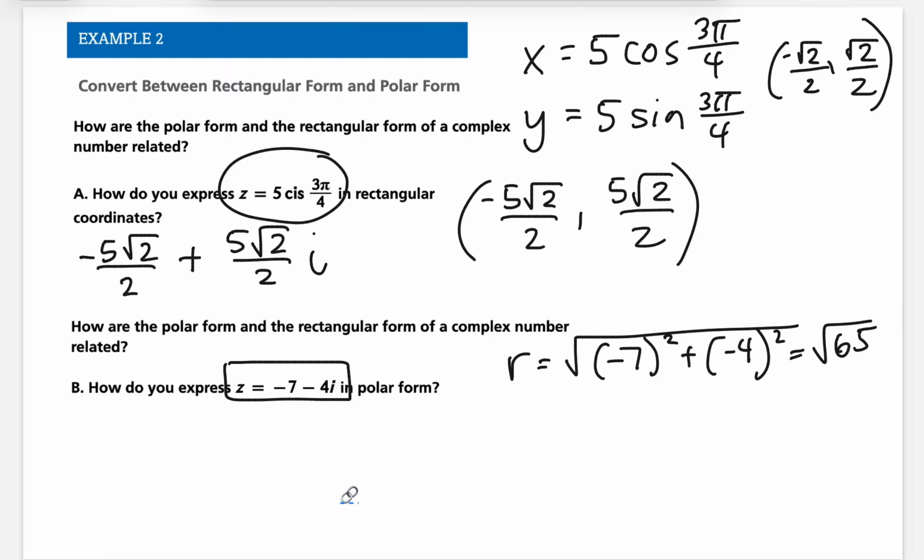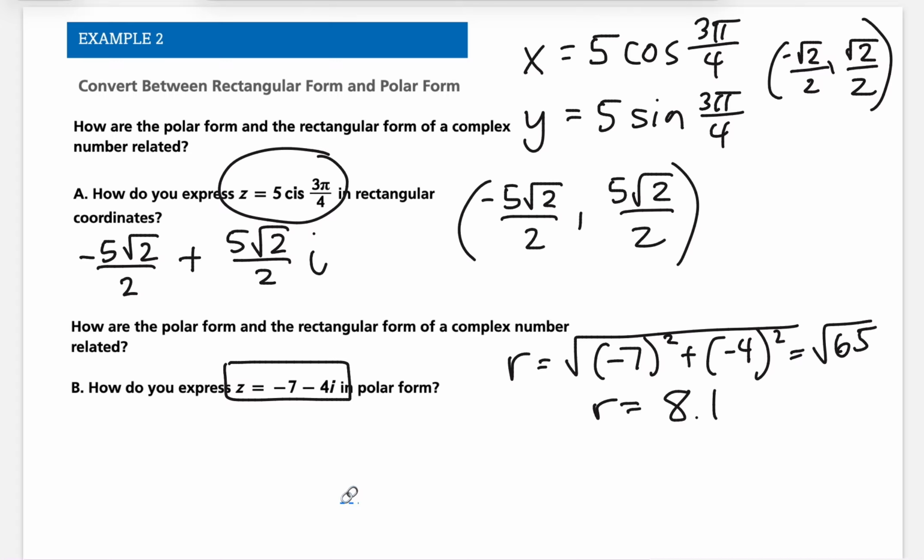Sometimes we like to leave it as a square root and simplify it, and sometimes we want to put it as a decimal. In this case, we are going to write it as a decimal. So the square root of 65 is approximately 8.1.